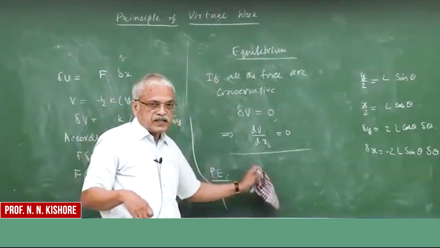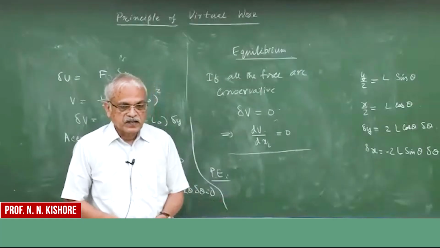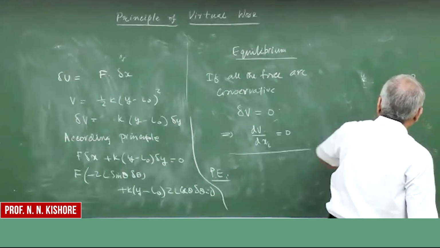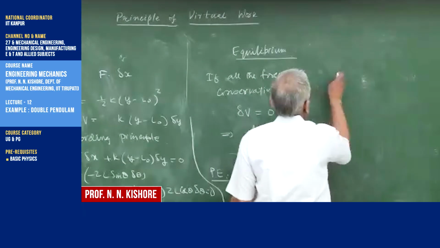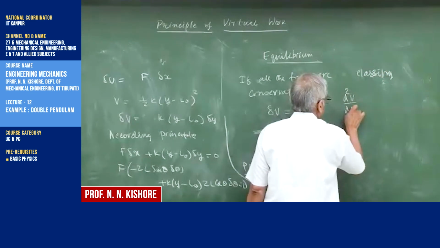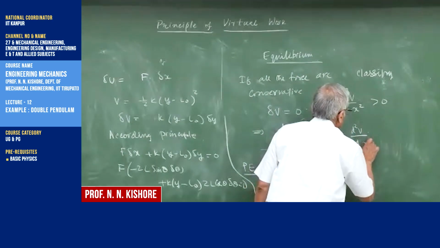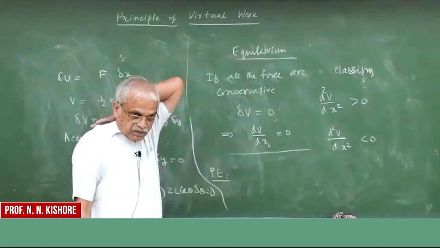So if the potential energy is at a minimum, then we call it a stable equilibrium. And if the potential energy has a curve where it reaches a maximum and after that it falls, that we classify differently.